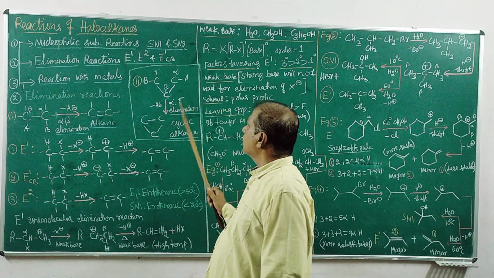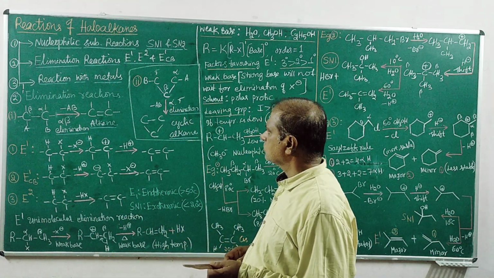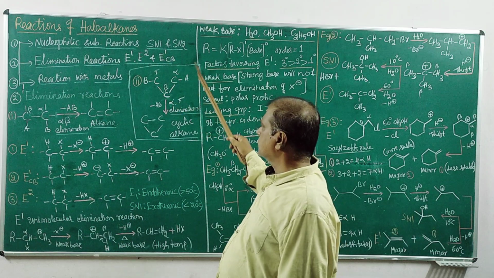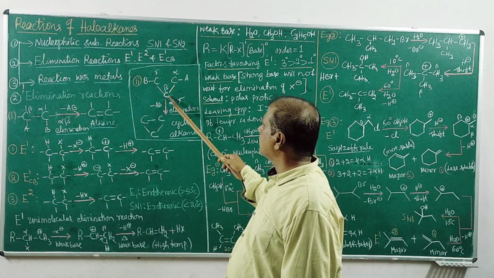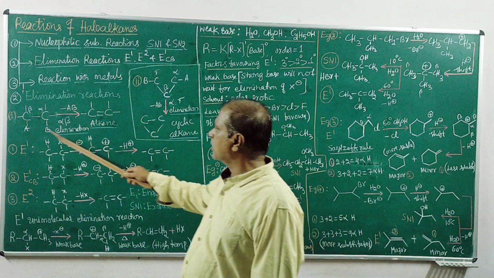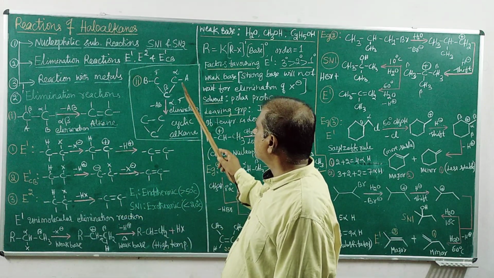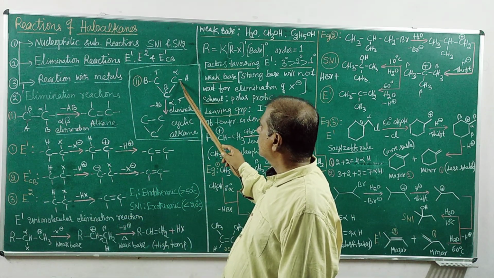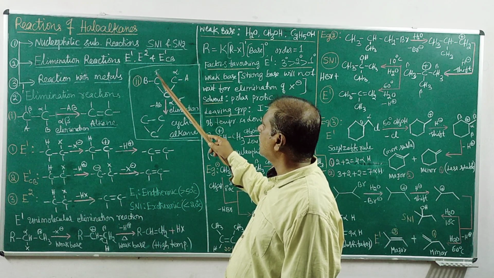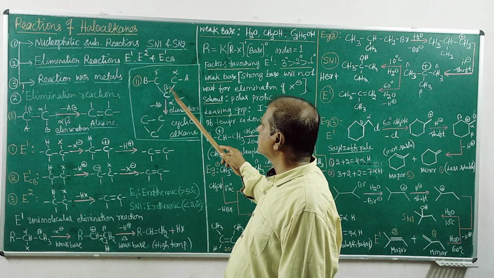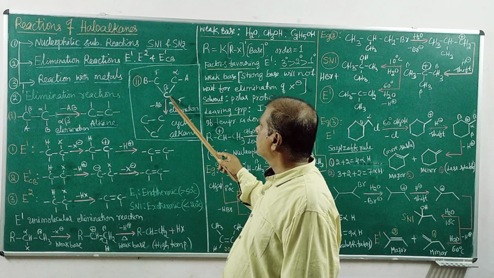What is alpha gamma elimination? Here it is an organic compound of the same type, but 3 carbon atoms are in sequence, numbered as alpha, beta and gamma, written like this it is linear.